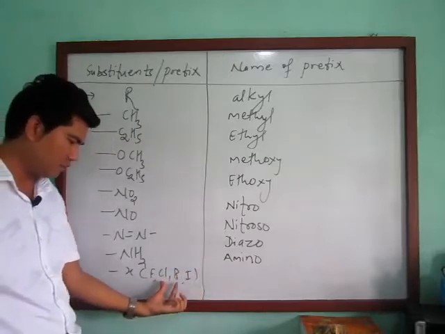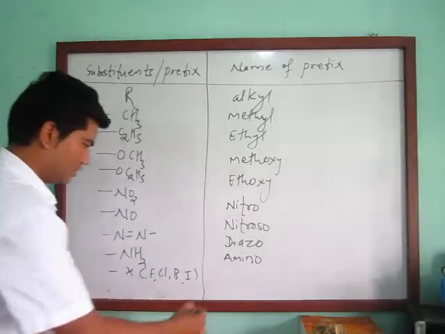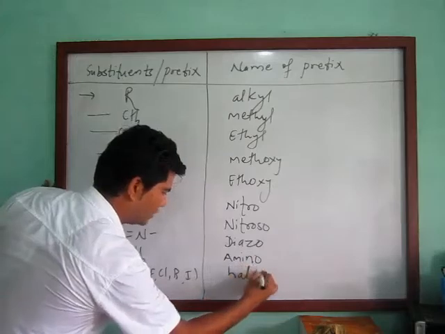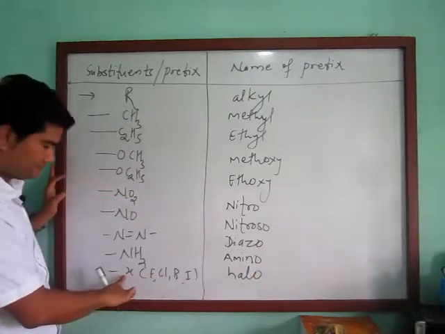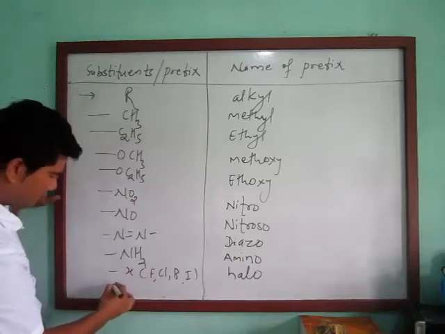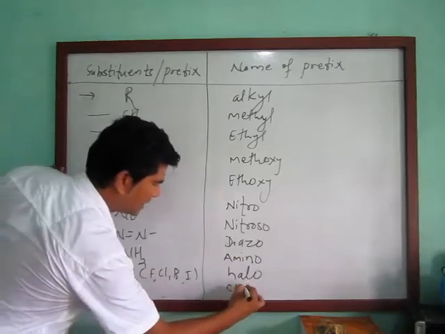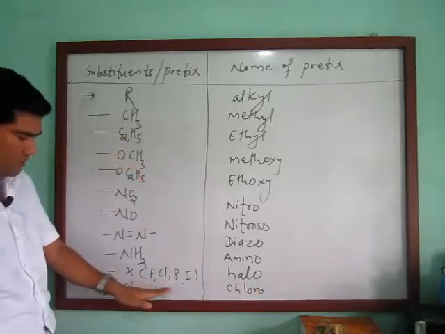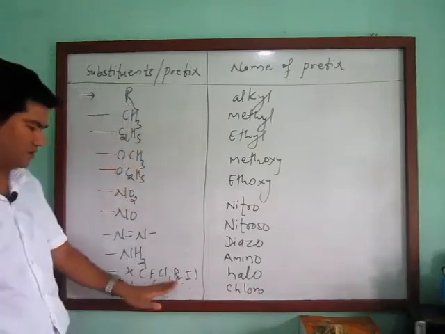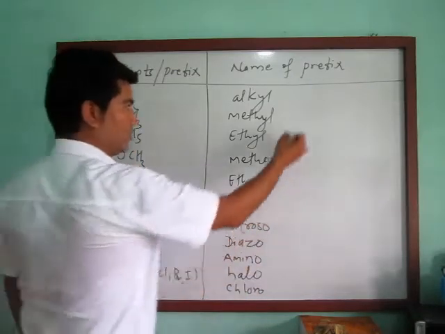If the chlorine, bromine and iodine is present as a branch, then we should use halo. These all the family are indicated by X. So for the chlorine, we should use chloro, and for the bromine, bromo, and for the iodine, iodo, like this.